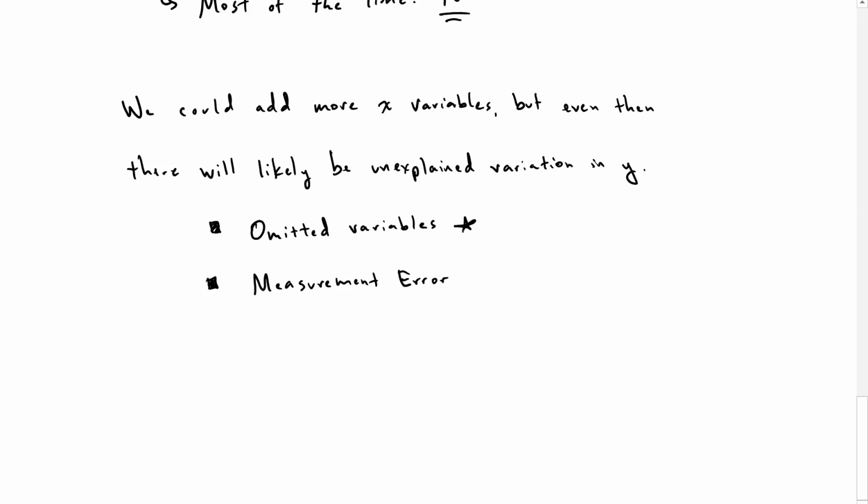Omitted variables is something that we're going to be talking more about. That's an important one. Another possible problem could be incorrect functional form.